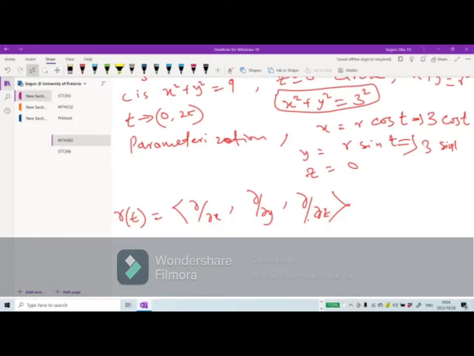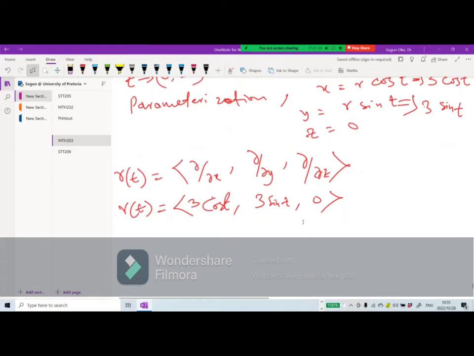Any question? So we can go ahead and substitute it here now. I can say r of t is equal to 3 cos t, 3 sin t, and then this is 0.